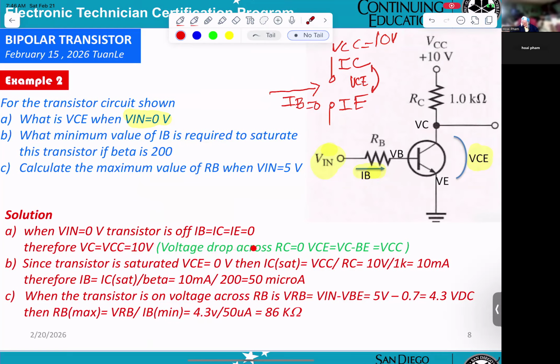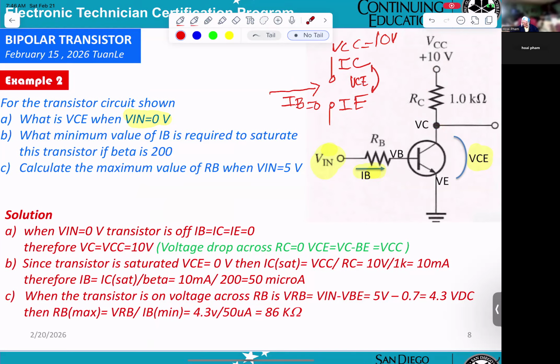The voltage drop across RC equals 0. They're telling you that when it is open, no current flows, so the voltage on this side and the other side will be the same.